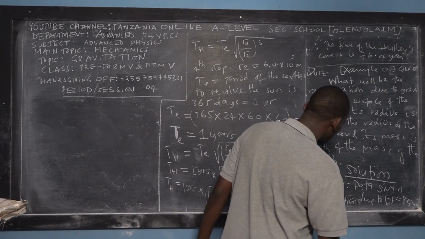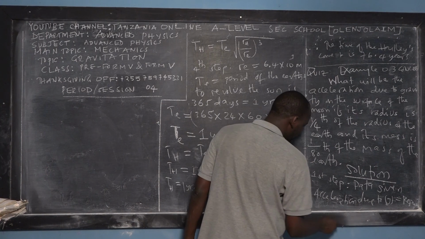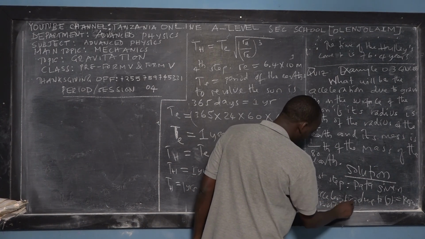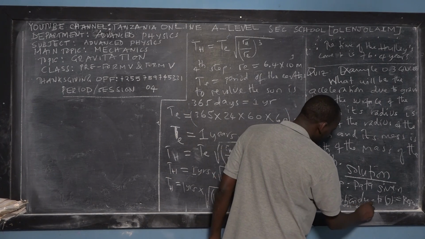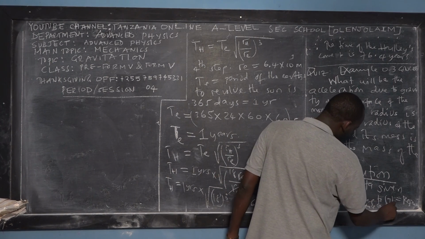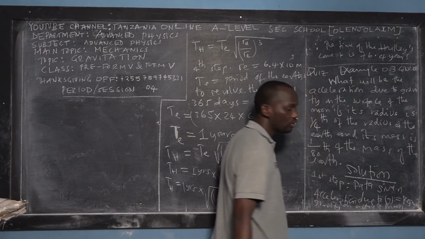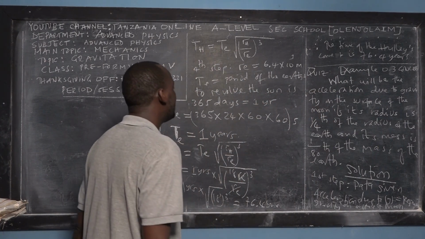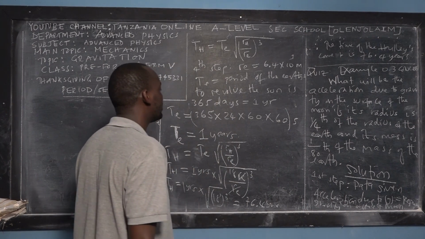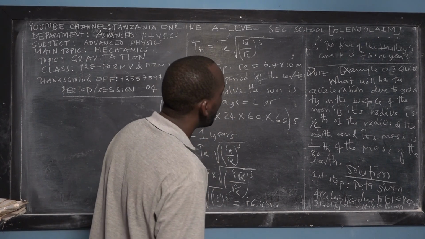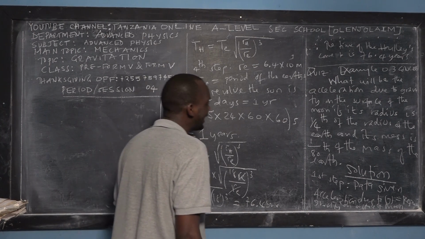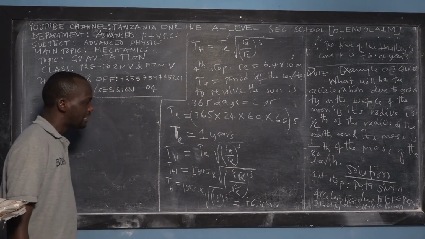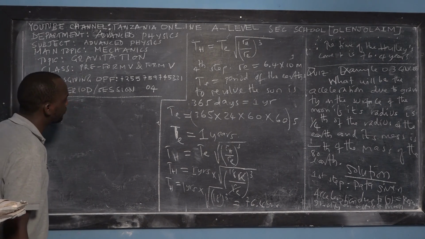So acceleration due to gravity on the surface of the moon is what is required, not on the surface of the earth. But when finding it, you have been given that its radius is 1/4 of the radius of the earth, and its mass is 1/8 of the mass of the earth.